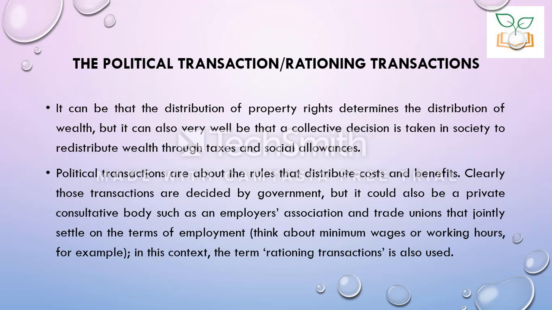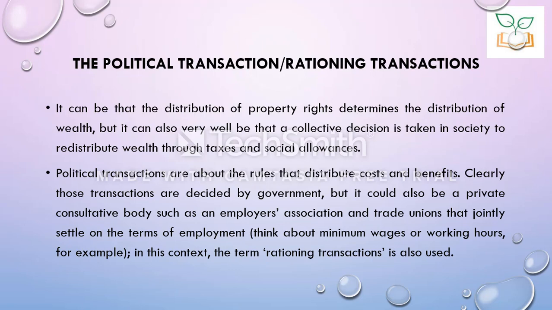It can be that the distribution of property rights determines the distribution of wealth. But it can also very well be that a collective decision is taken in society to distribute wealth through taxes and social allowances. Political transactions are about the rules that distribute costs and benefits.